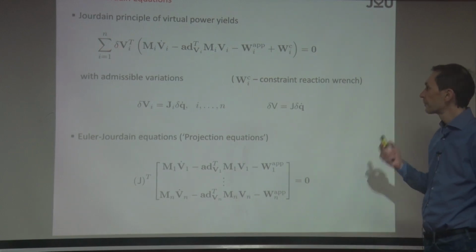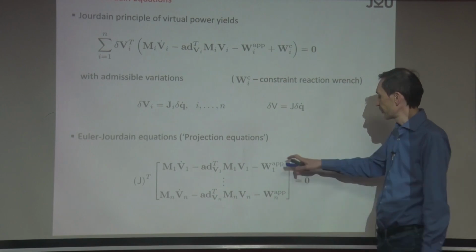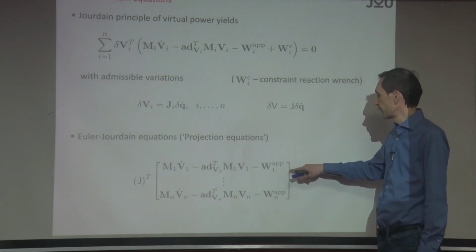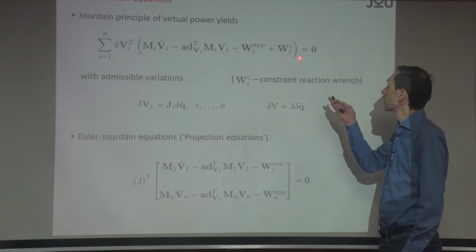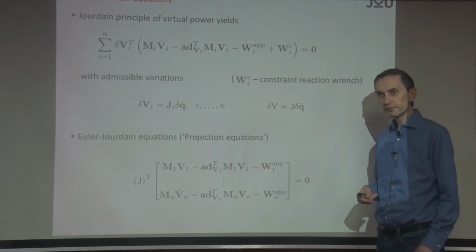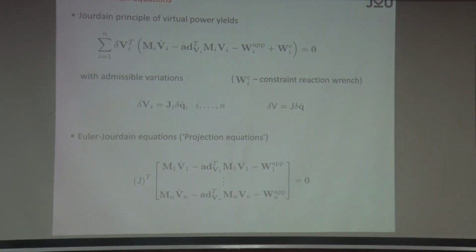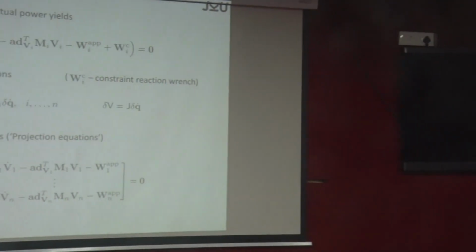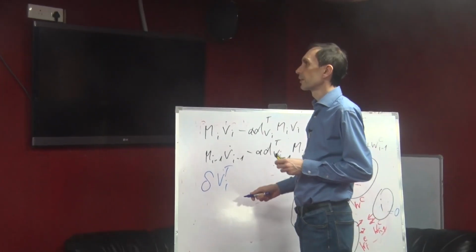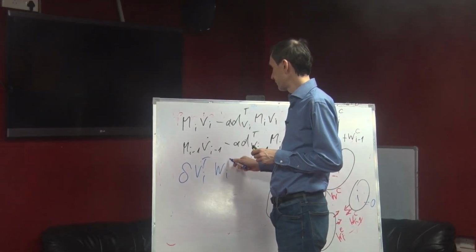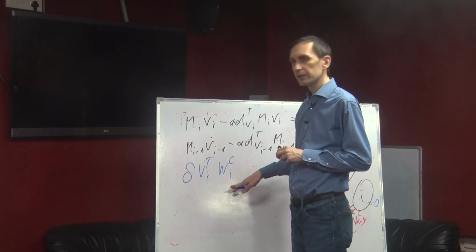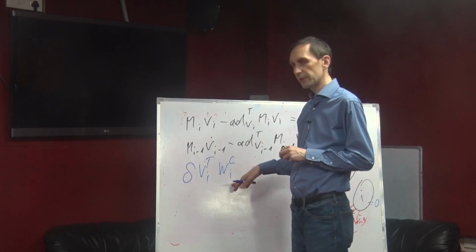And what I already used here, so to say, it's not imposed, it's in fact, is that the constraint wrenches do not perform any work or any power. Which means that if you look at the term that is missing, it's the delta Vi transposed times Wi constraint, because that is actually the power due to the constraint wrenches.